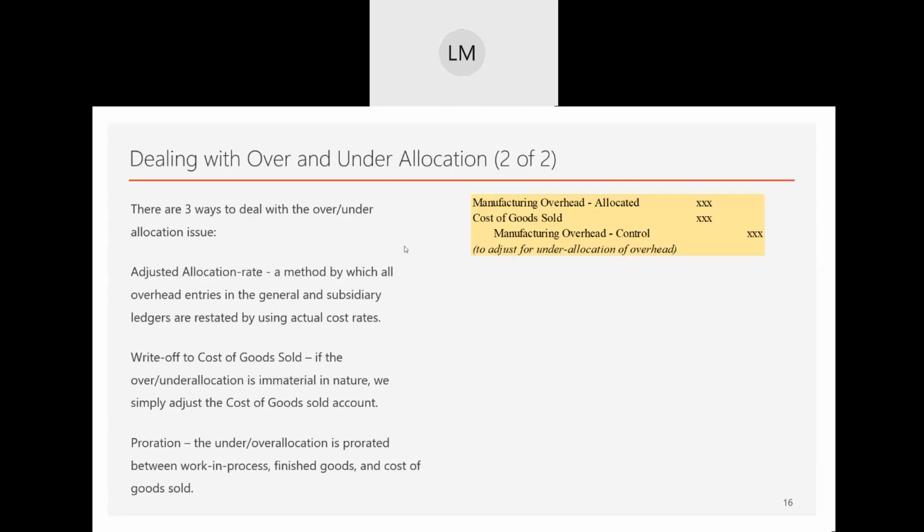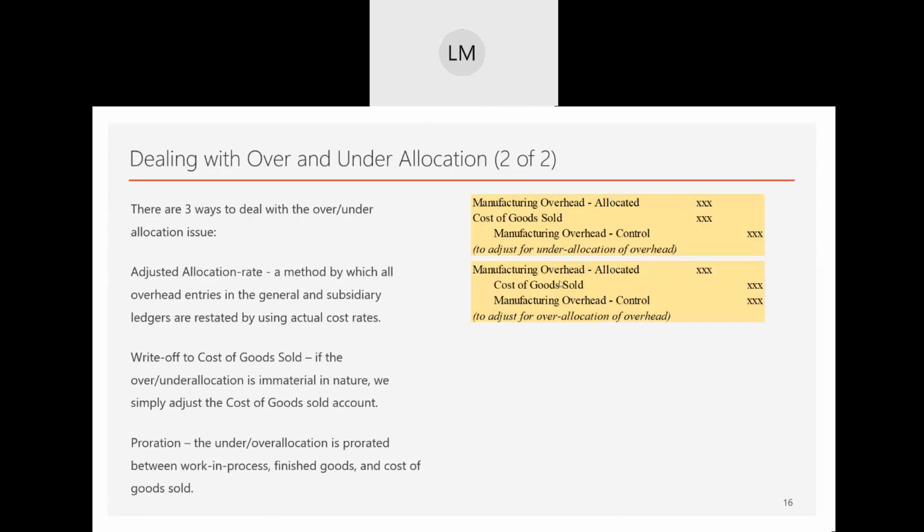In this example, this first journal entry is for under allocation of overhead. So I'm going to close out and debit manufacturing overhead allocated for whatever the dollar amount is, cost of goods sold for whatever the dollar amount is, and then credit manufacturing overhead control to adjust for the under allocation of overhead. What am I going to do with over allocation?